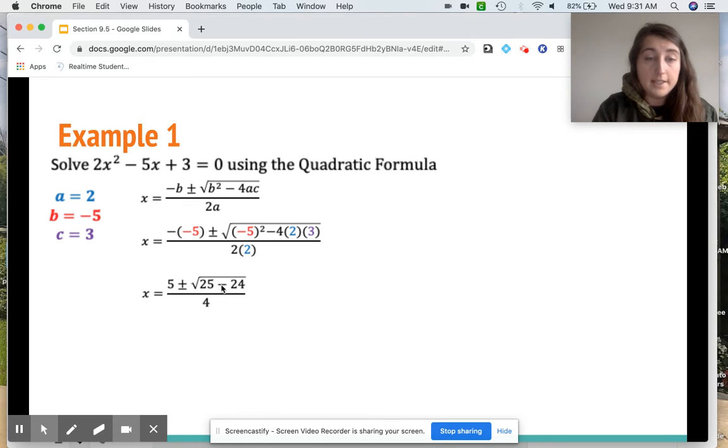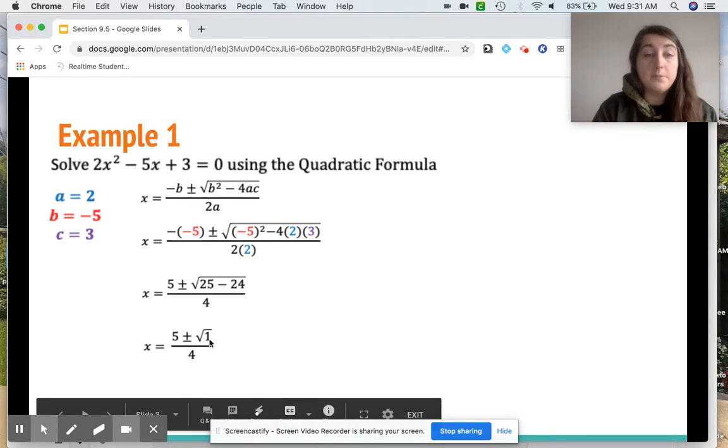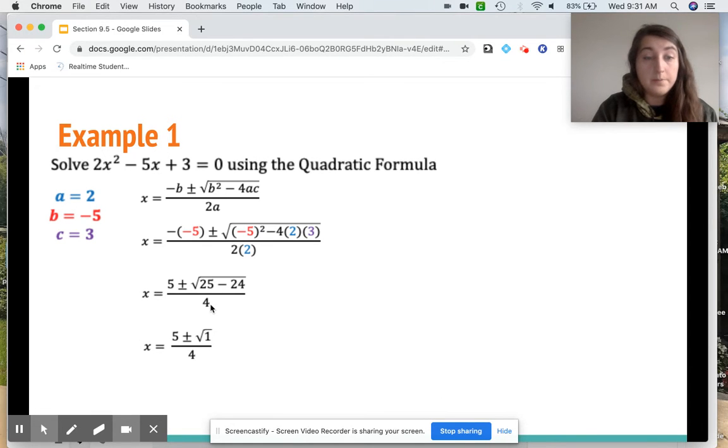You have that minus sign still. In your denominator you have 2 times 2, which is 4. Now I'm going to subtract inside my radical, so 25 minus 4 gives me 21. Didn't do anything else, so don't touch any of the other numbers.